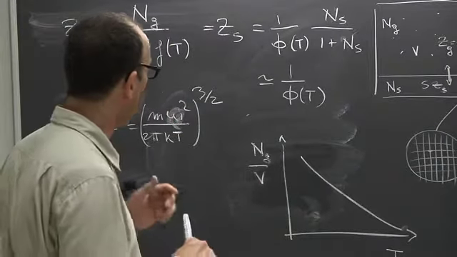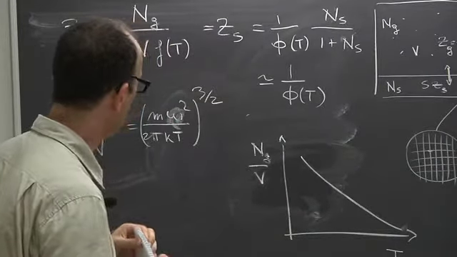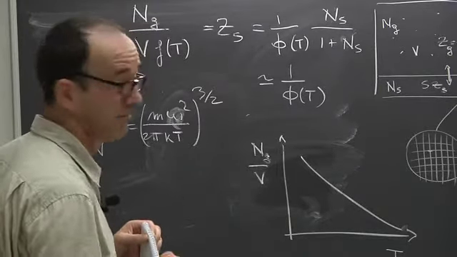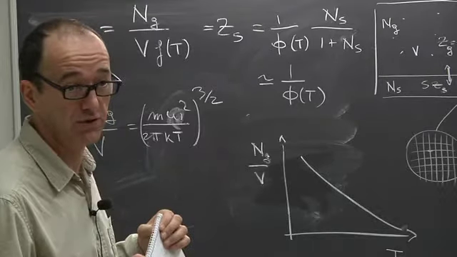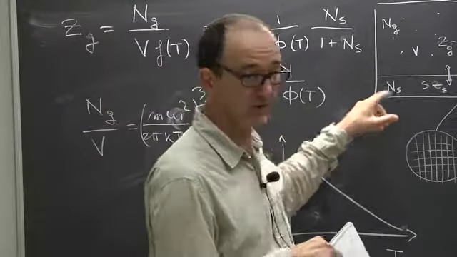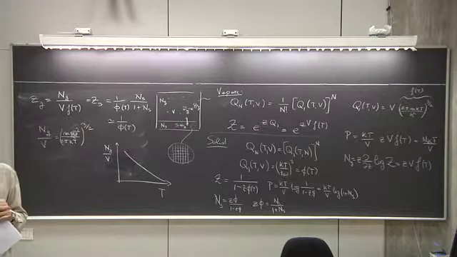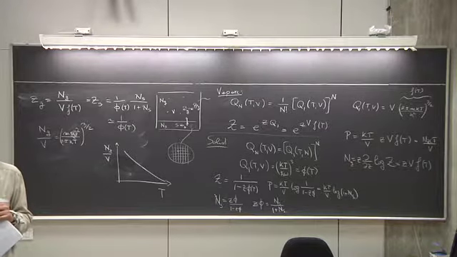And so one model which is wrong is definitely the one of the solid. Yes? Are we treating the volume of the gas and the solid in a different way?